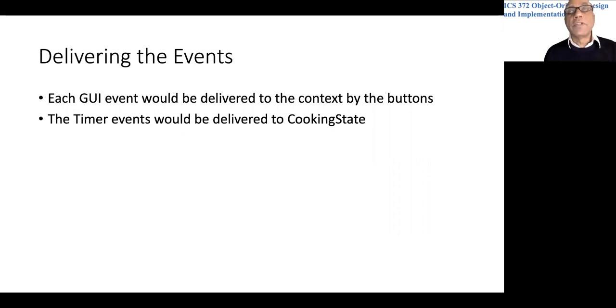So for example, if the door is closed, the door close button would take the door close event and pass it on to the context, and the context will send it to the current state. The methods are similarly named in the context and the state classes.